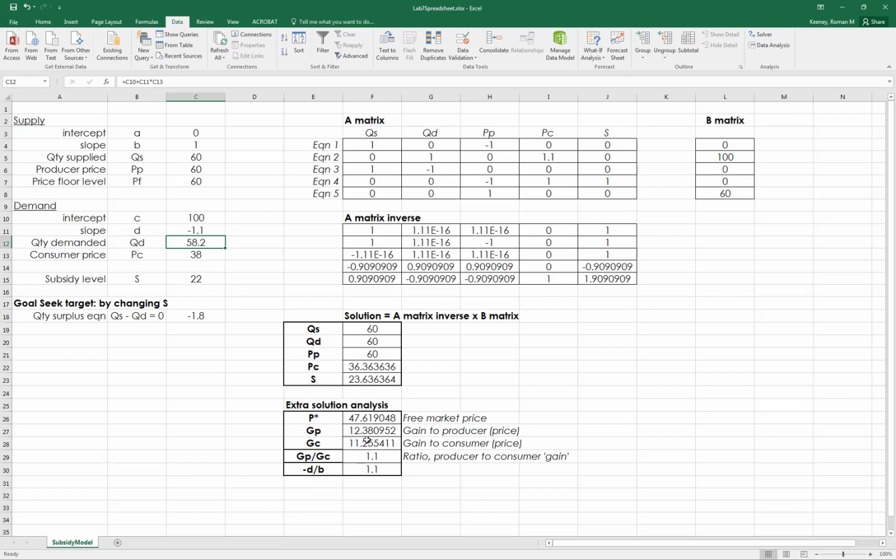Well, the consumer subsidy is smaller than the producer subsidy, and the producer gain is 10% larger than the consumer gain, while the demand response is 10% larger than the supply side. So these ratios right here will never break no matter what you do in these problems.